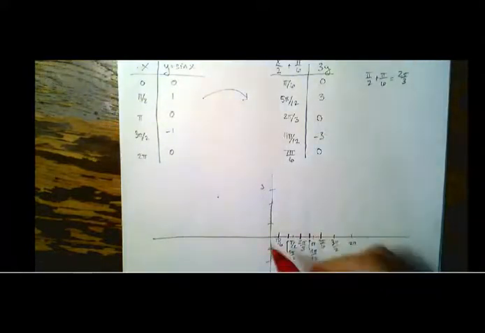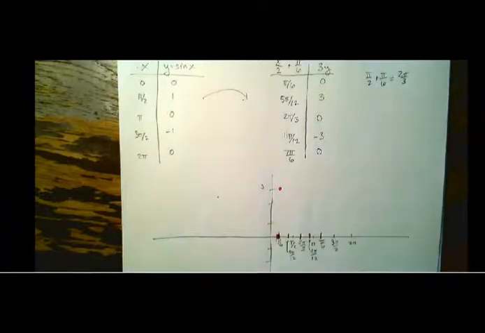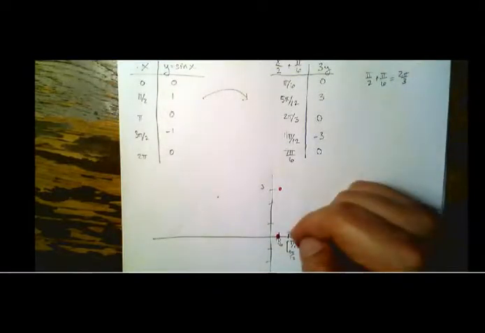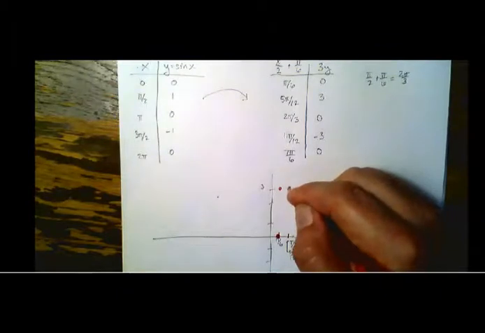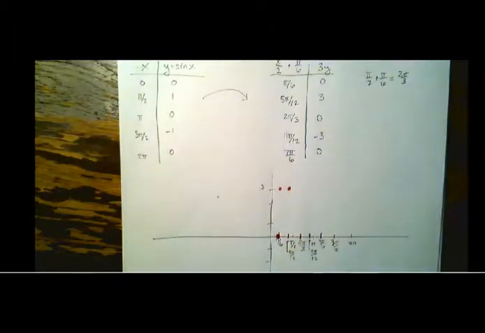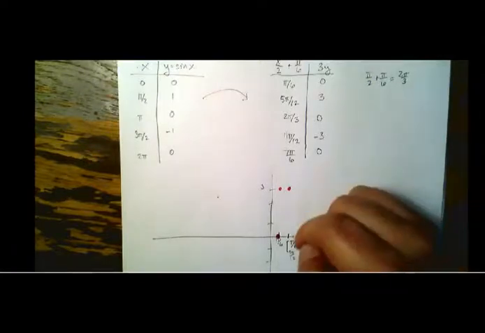So let's plot our points. Pi over 6, 0. 5 pi over 12 is 3. 2 pi over 3 is 0 again.